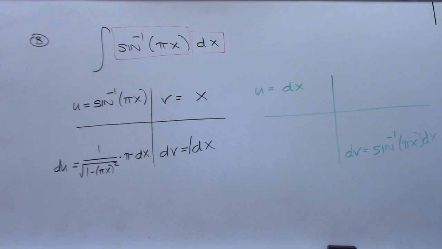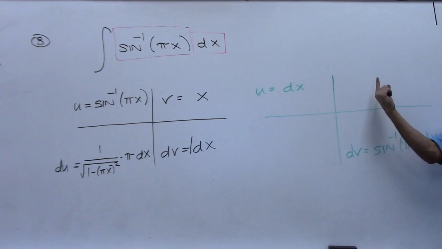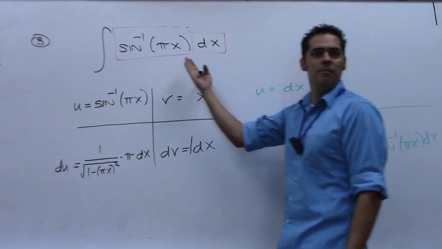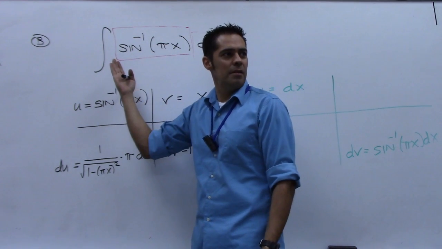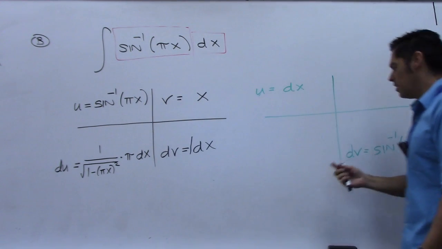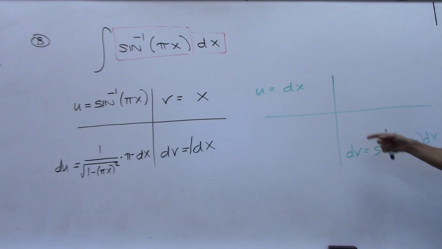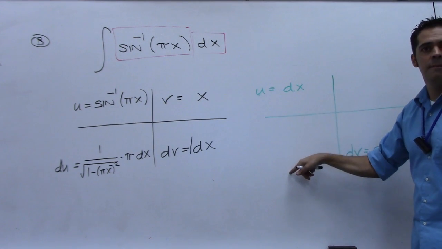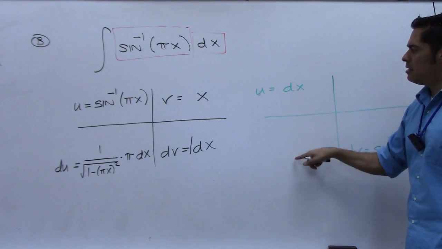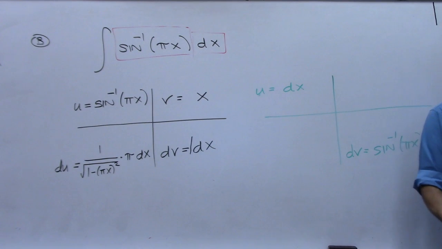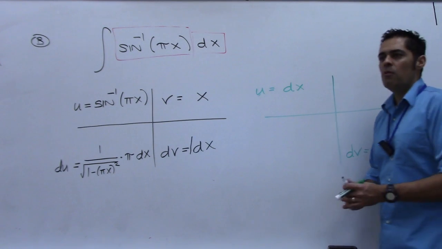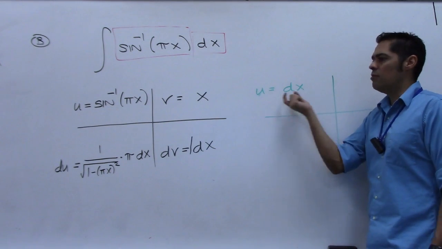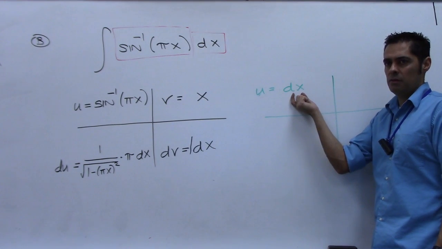Do you see that? Major problems here. First, you have to integrate up. To integrate this up, guess what? That's the original problem, which you can't do to begin with. So there's no way you're integrating this thing up. The other thing is, what's the derivative of the derivative? That's going to be like a second derivative, which we never want happening. So you never want to choose u to be dx, ever.